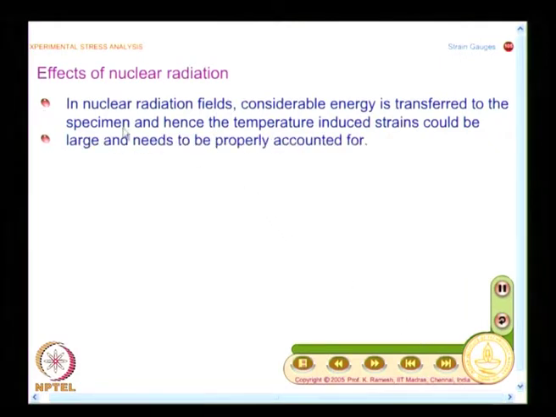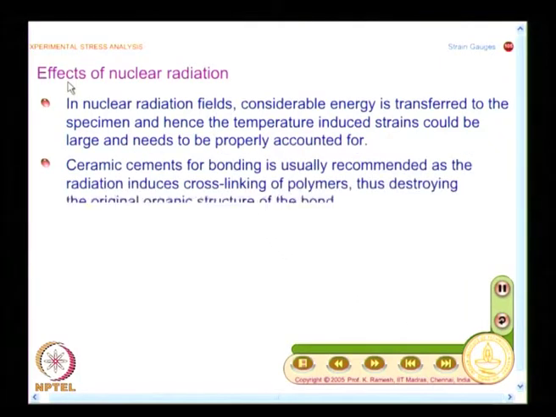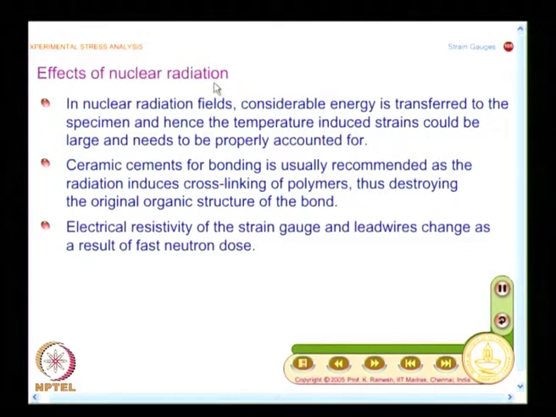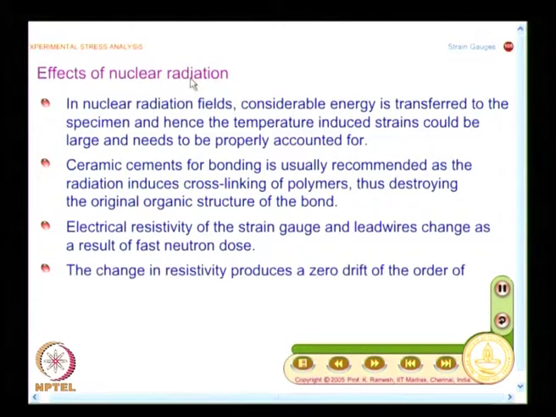And next we take up effects of nuclear radiation. The moment you get to nuclear radiation, you can imagine considerable energy is transferred to the specimen, and hence the temperature induced strains could be large and need to be properly accounted for.